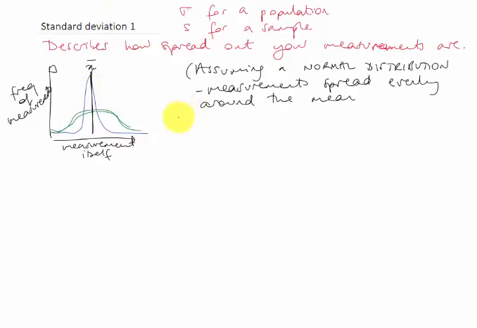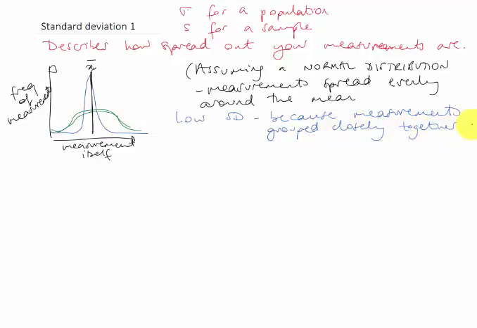However, the blue one has a low standard deviation because the measurements are grouped closely together, whereas the green one has a high standard deviation because the measurements are quite spread out.